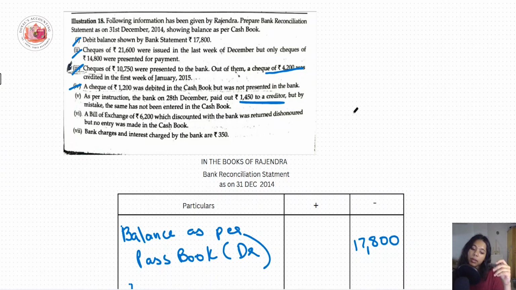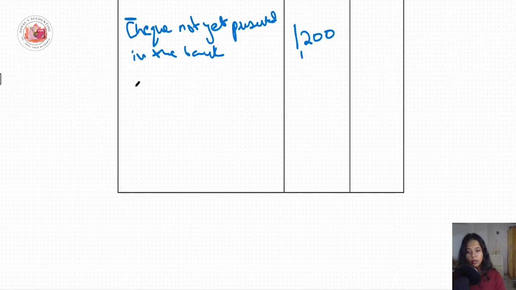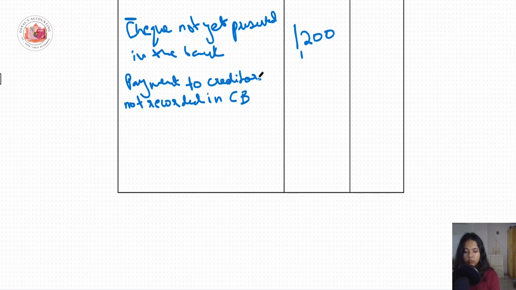And we are coming to the cash book from the passbook, so all our adjustments are made from the point of view of our passbook. Now our passbook is less by 1,450 compared to our cash book, so I'll have to add. Expense payment to creditor not recorded in cash book, 1,450.